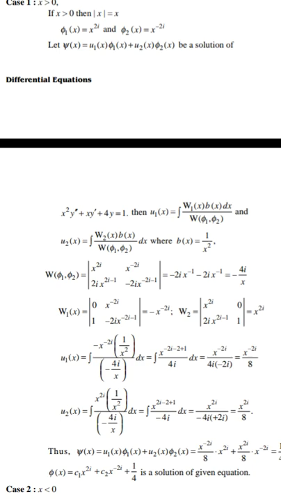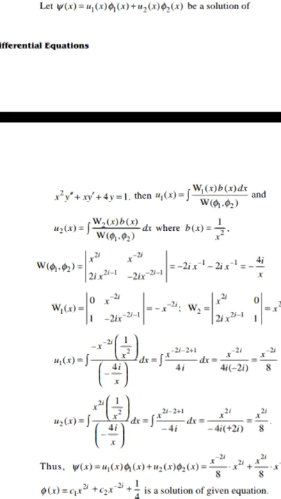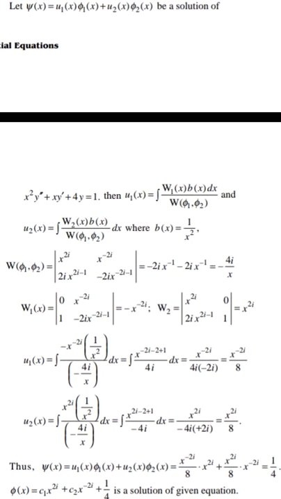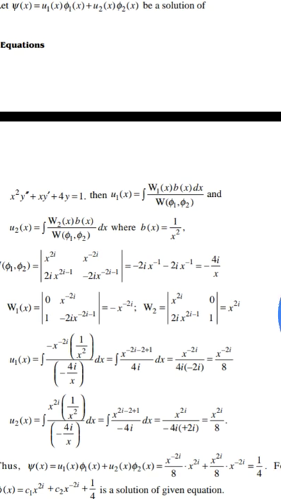Therefore w1 of x is equal to the determinant of 0, x to minus 2i, 1, minus 2i x to minus 2i minus 1, which is equal to minus x to minus 2i.